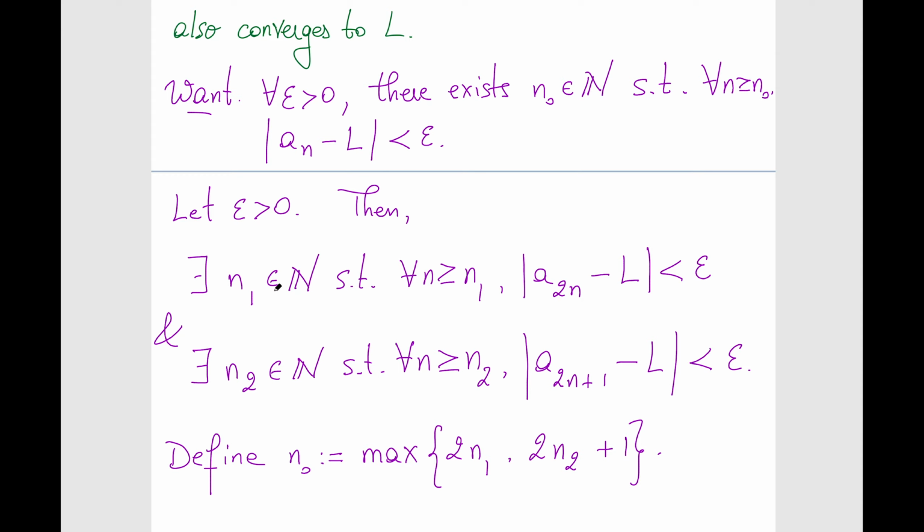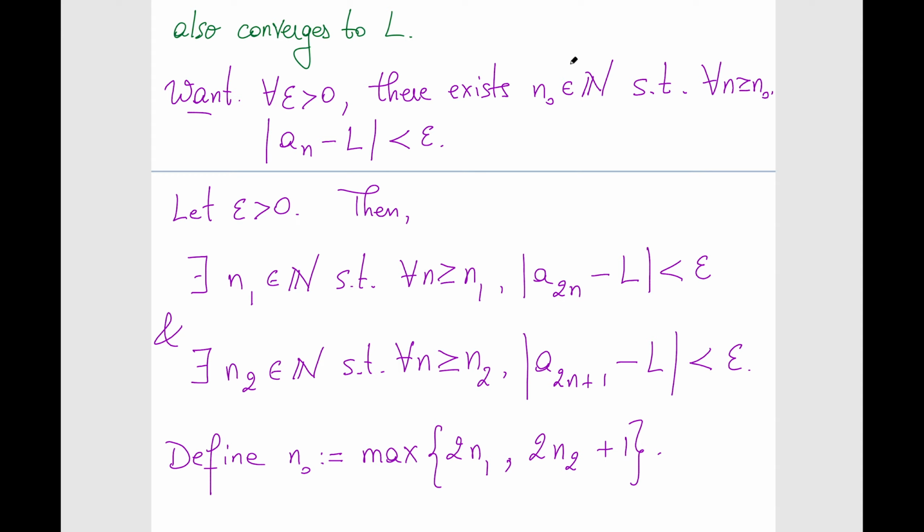So we know n1 and we know n2 because, once you fix that epsilon, you know n1 and you know n2. For these n1 and n2, whichever happens to be the maximum between twice n1 and twice n2 plus 1, whichever happens to be the largest among the two numbers, I'm gonna call it n naught.